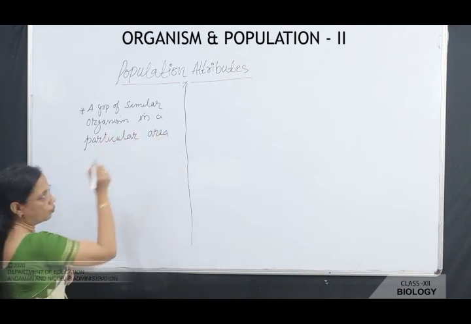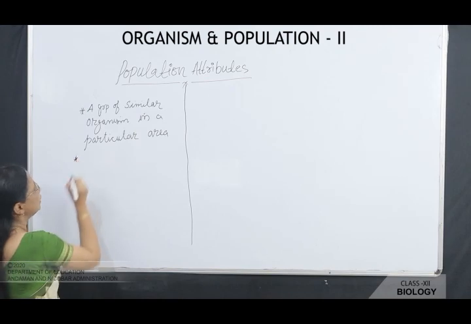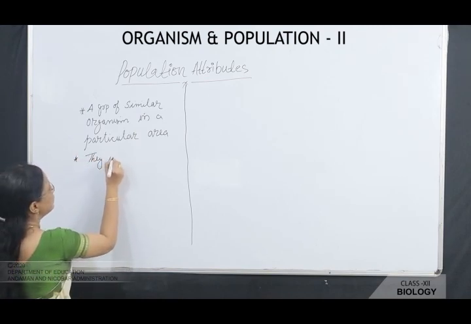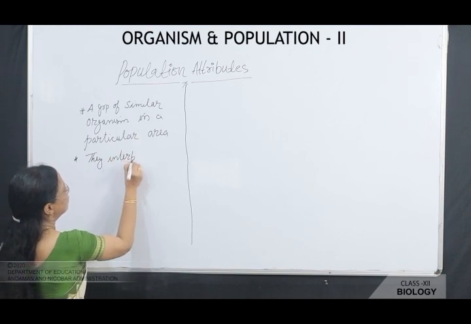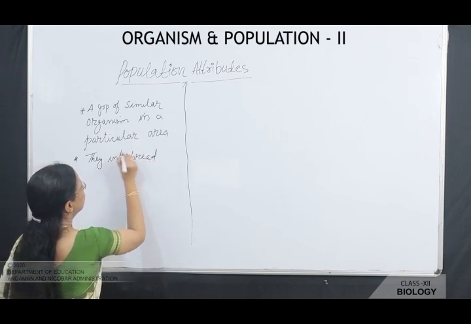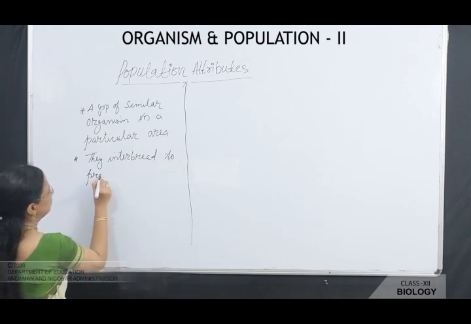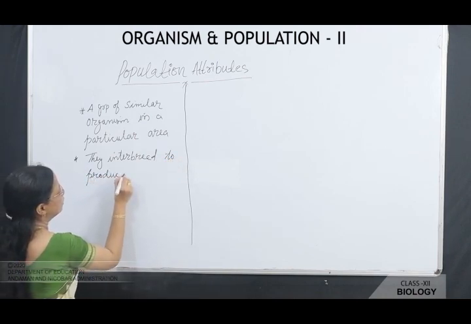That is one characteristic feature of a population. Next, they interbreed to produce offspring.